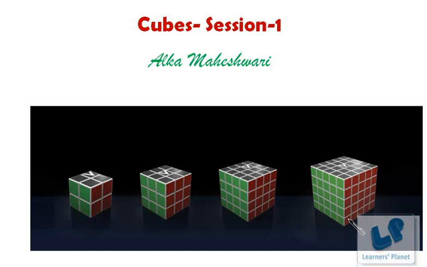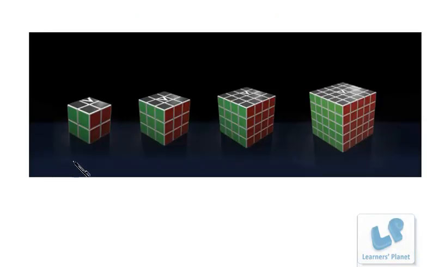So 5 into 5 into 5, there will be 125 smaller cubes in this bigger one, and the volume of each smaller one will be 1 cubic centimeter, and the bigger one will have 125 cubic centimeter.